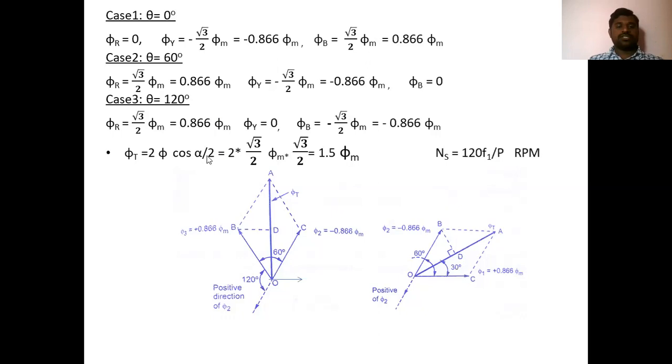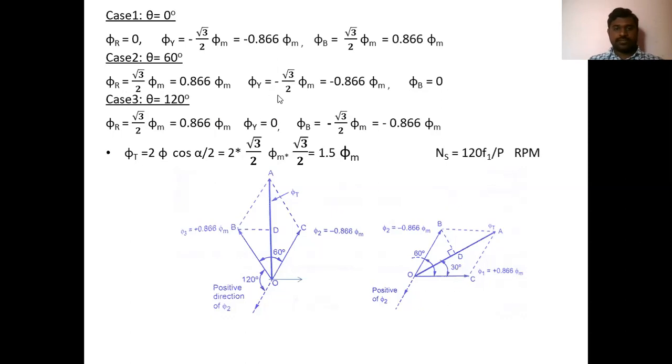So cos 60 by 2 will give root 3 by 2. After simplifying, we are getting 1.5 phi m. This is your resultant flux. For the second case, if you draw the phasor diagram, you will get it like this. This is R phase, Y phase, B phase. Here B phase is 0, that's why I did not mention it here.